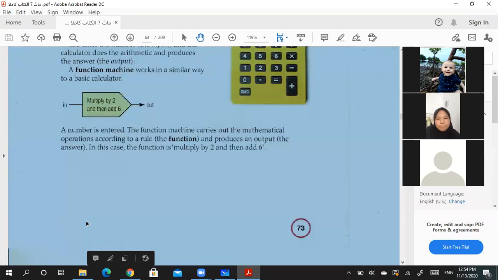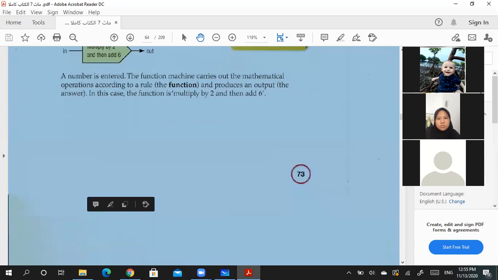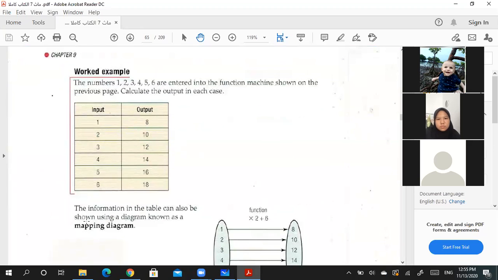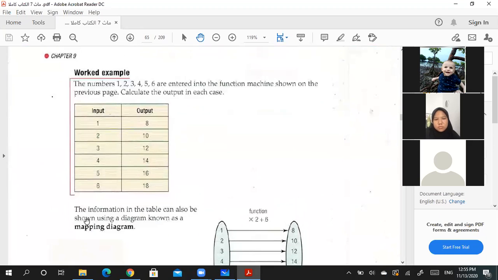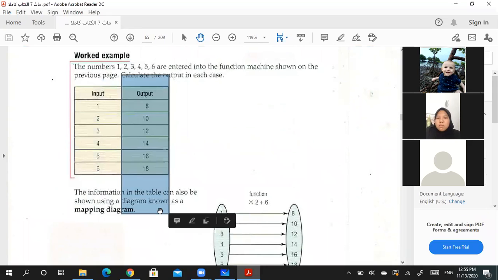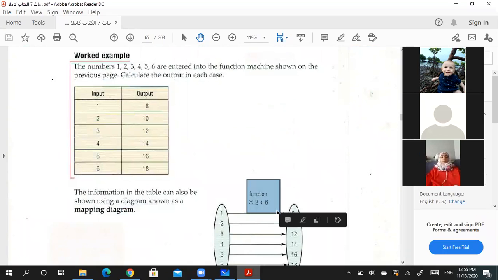So inside the box we have mathematical operations that are carried out to get an output, and then for any input we should have an output, right, according to the rule of the function.